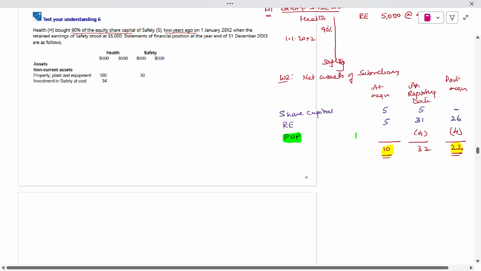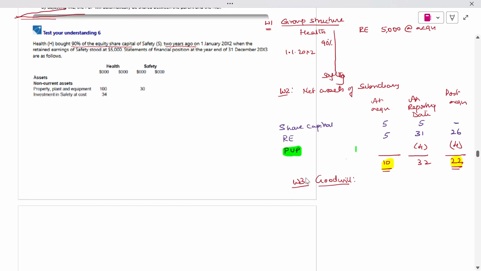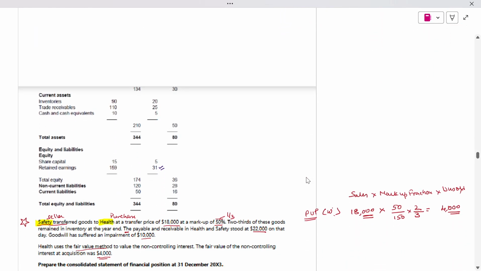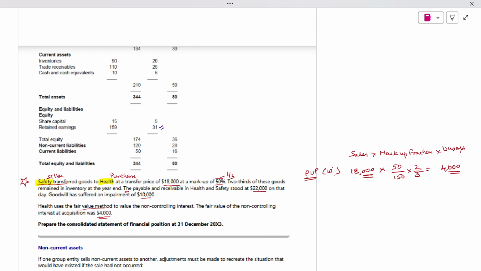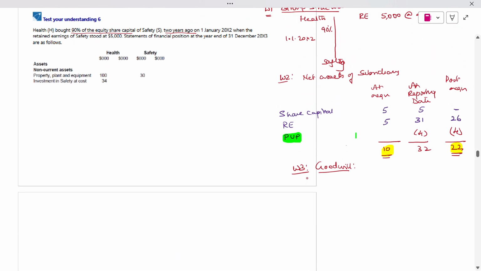Now, what is the next one we have to do? Goodwill. Same steps. How much is the cost of investment? If they have not mentioned the cost of investment, then whatever value is given here, we have to take that one.